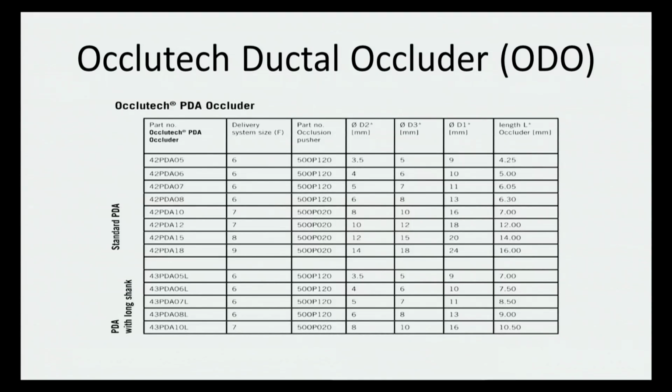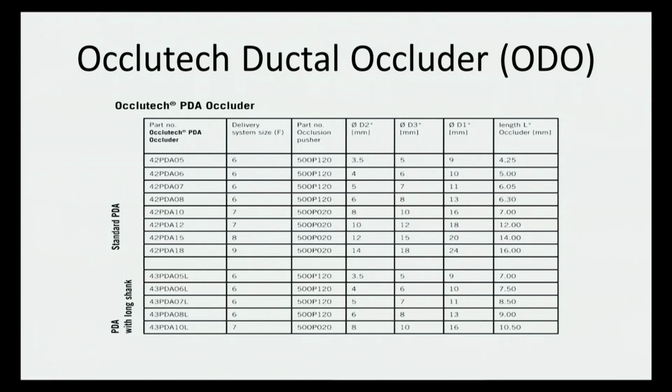Next one. It does come in a variety of sizes. It has 2 lengths, about 2 to 3 millimeters different, the standard PDA device and the long PDA device. The measurements start at 3.5 and go all the way to 4, 5, 6, 8, 10, 12, and 14.